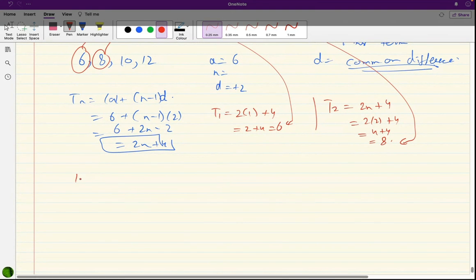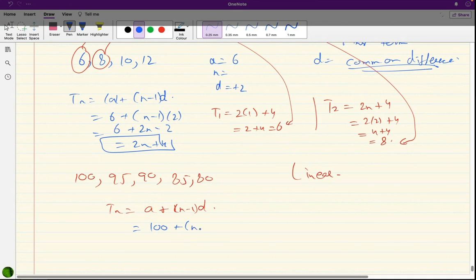Now see if we have another one: 100, 95, 90, 85, 80. So Tn is a plus n minus 1 into d, and this is only for the linear sequence, which means adding a constant number or subtracting a constant number. So 100 plus n minus 1, and the difference is minus 5.